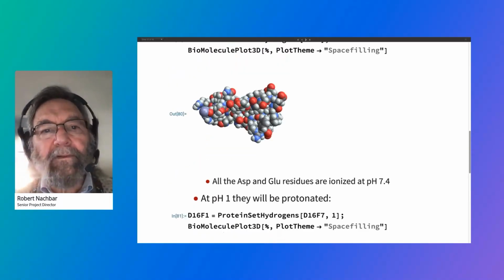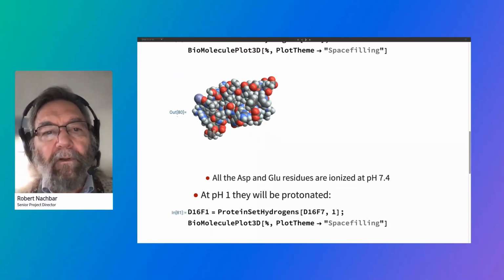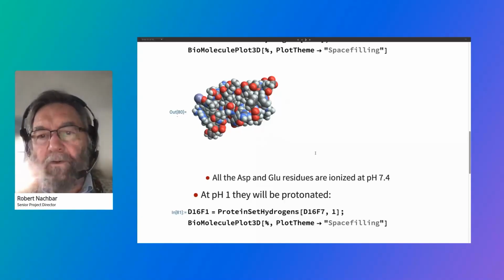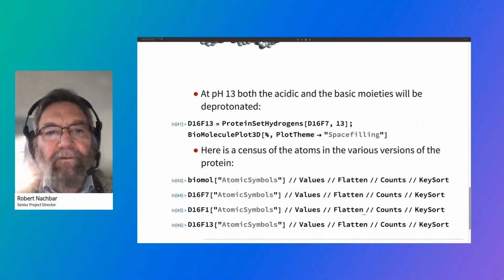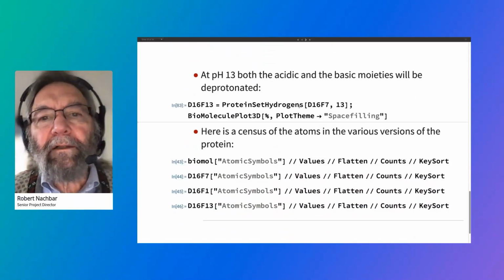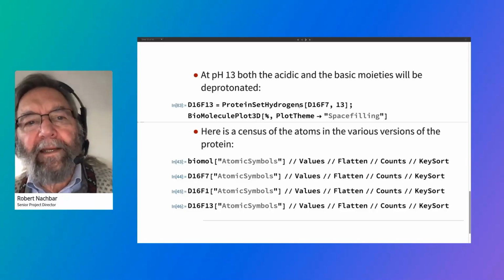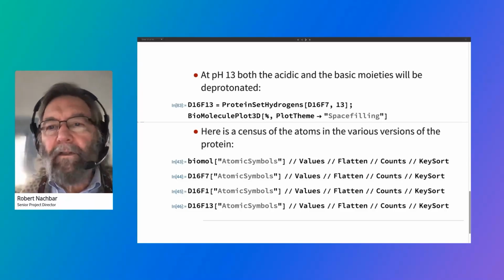And in this one here, you can see that it didn't. So it is sensitive to the pH. And we can also do it at pH 13, very basic, which would remove ionizable hydrogens from the basic groups as well.